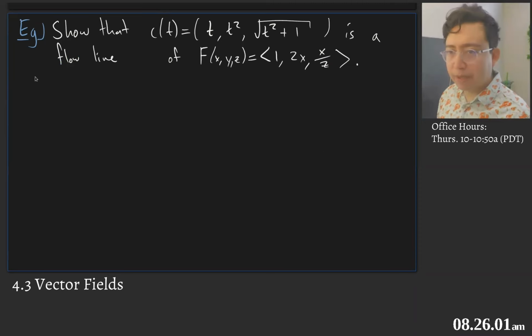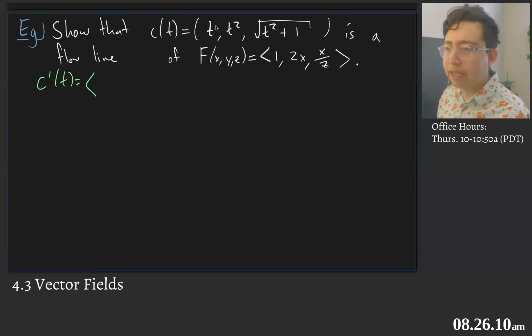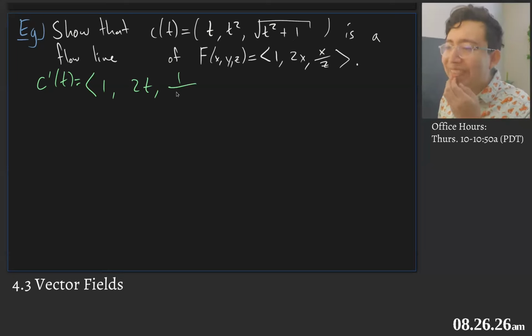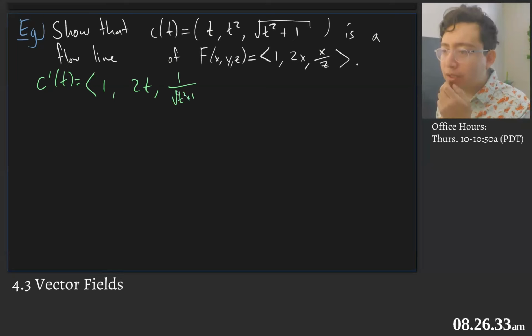We're going to need C prime of t, the derivative of this, which is going to be a vector, and that vector is going to be the derivative of this, which is 1 over 2 times 1 over the square root of t squared plus 1.